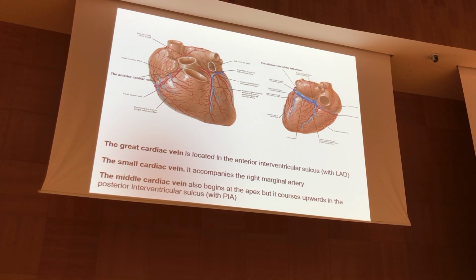The middle runs with the PIA, and the small runs with the right marginal, going up to the coronary sinus, and you can see it coming from the right, again joining the coronary sinus. So the coronary sinus receives three main veins: great, middle, small. Great with LAD, middle with PIA, and small with the right marginal. They drain into the coronary sinus, which opens into the right atrium, okay?